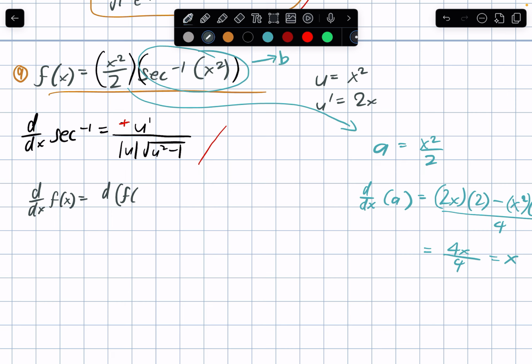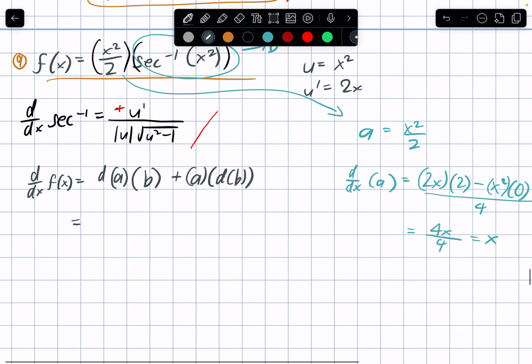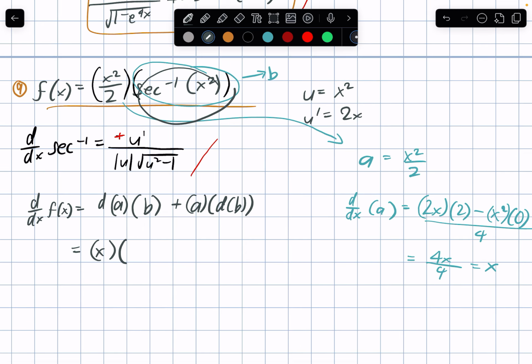Okay, so the derivative of a times b plus a times the derivative of b. So derivative of a, we've already computed, it's x. So we just copy x. Times b, b we just copy, so that's going to be this.